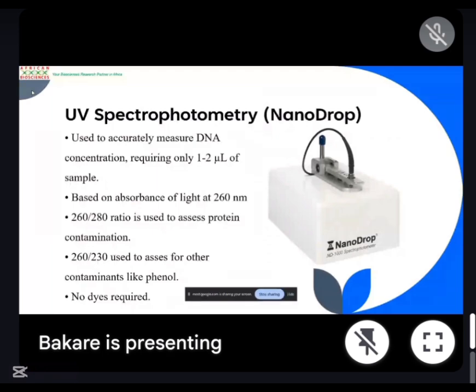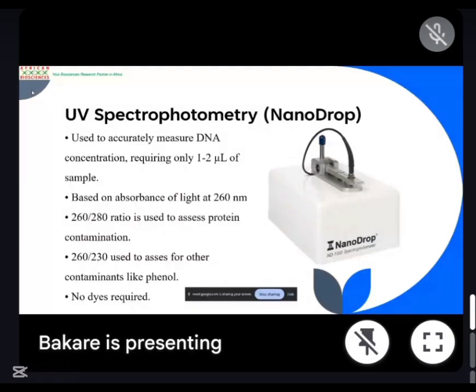And this nanodrop is based on the absorbance of light. It measures how much UV light is absorbed by your sample at a specific wavelength.